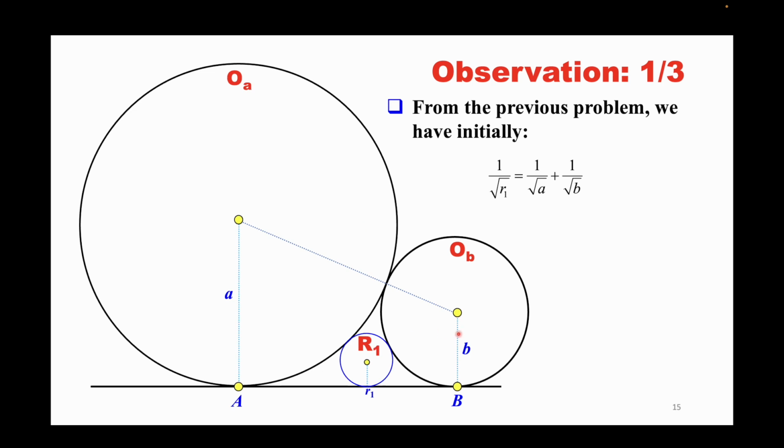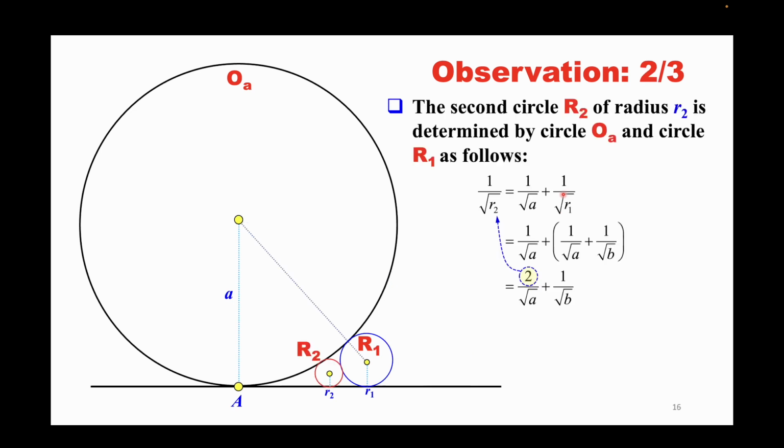From OA and OB, we have R1. So the radius R1 is this. We found this in problem 1. Now from OA and R1, we could construct R2. So the radius of R2 is equal to this.